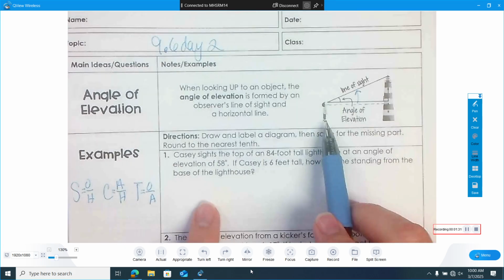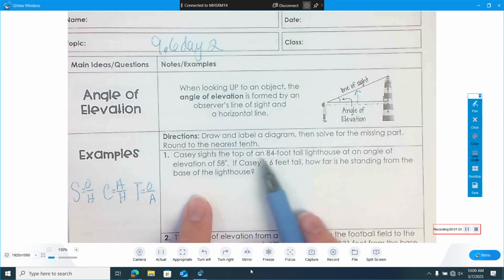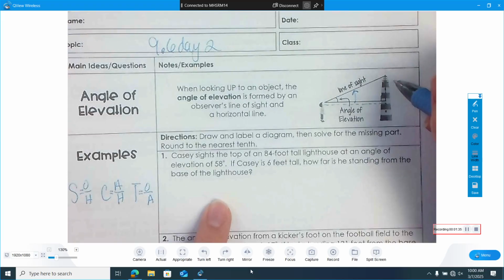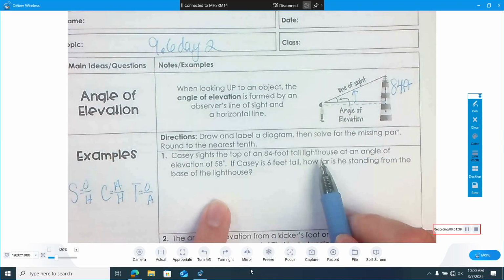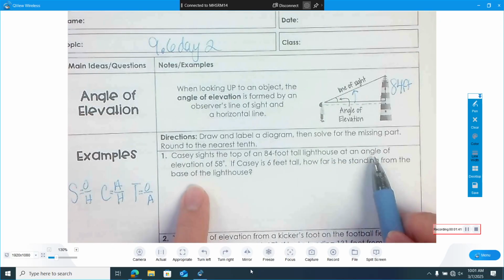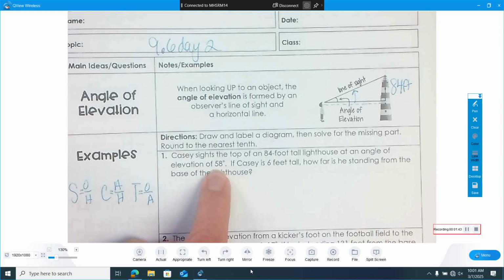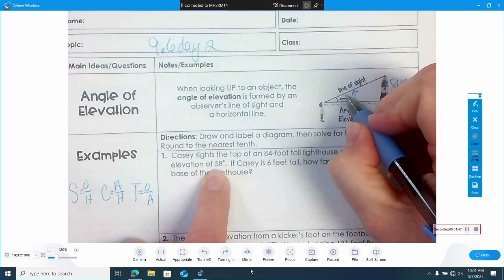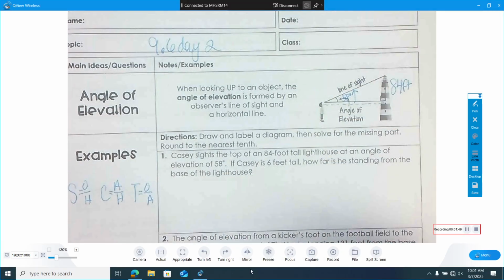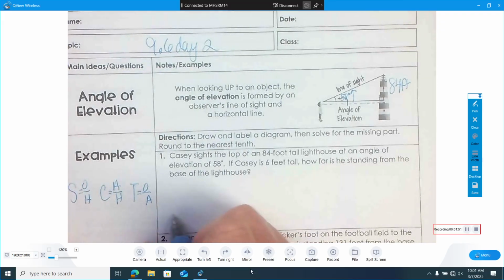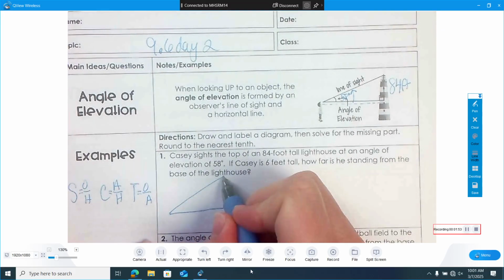So this is a picture of Casey. He's sighting the top of an 84-foot tall lighthouse with an angle of elevation of 58 degrees. So he has to tilt his chin up 58 degrees. So we get this triangle, so to speak. I'm just going to simplify it here.